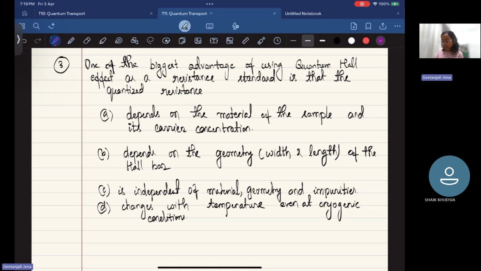Option C, it is independent of material, geometry and impurities. Or option D, quantized resistance changes with temperature even at cryogenic conditions. So what is the biggest advantage of using quantum Hall effect as a resistance standard?